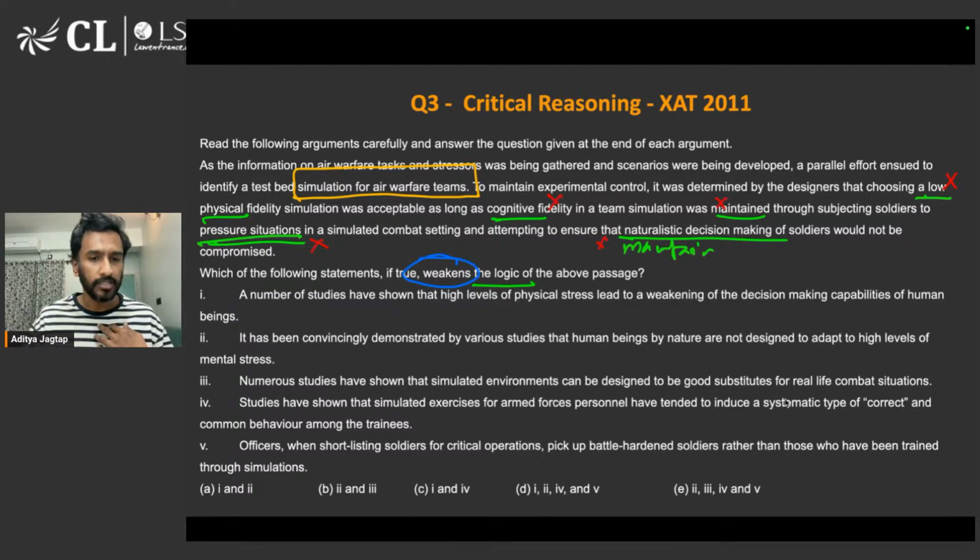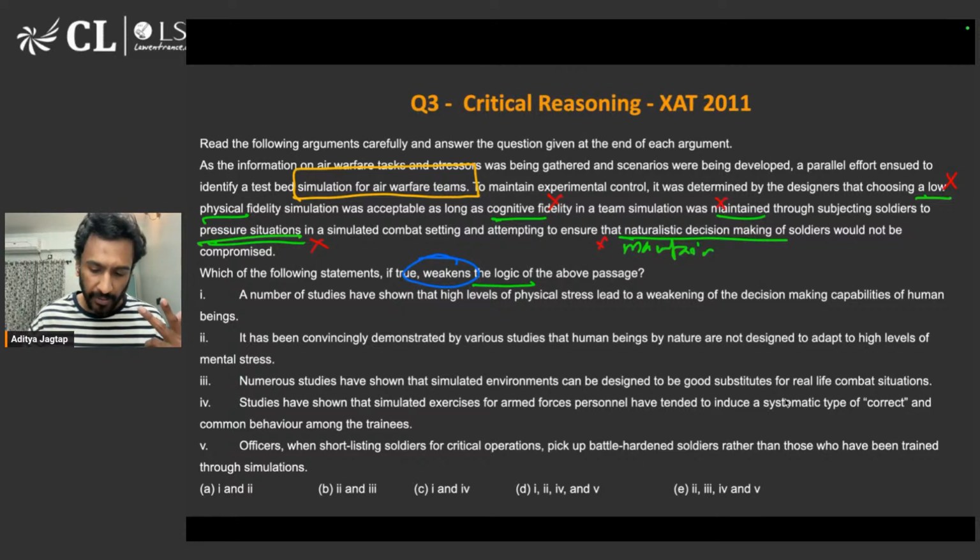Officers, when shortlisting soldiers for critical operations, pick up battle hardened soldiers rather than those who have been trained through simulations. So, is option five strengthening, weakening, or neutral?